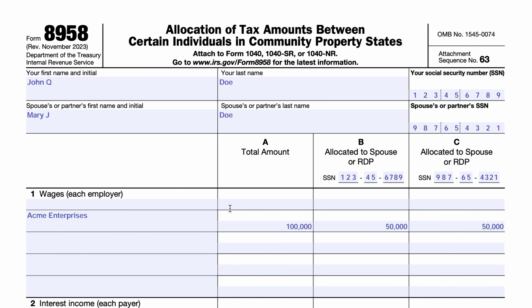You cannot exclude savings bond interest income, even if you use that savings bond for higher education purposes. Normally, you would file that on IRS Form 8815 if you wanted to exclude that interest income for federal tax purposes. You cannot deduct student loan interest that might have been reported to you on Form 1098-E, and you can't take the child tax credit or the credit for other dependents on Schedule 8812.